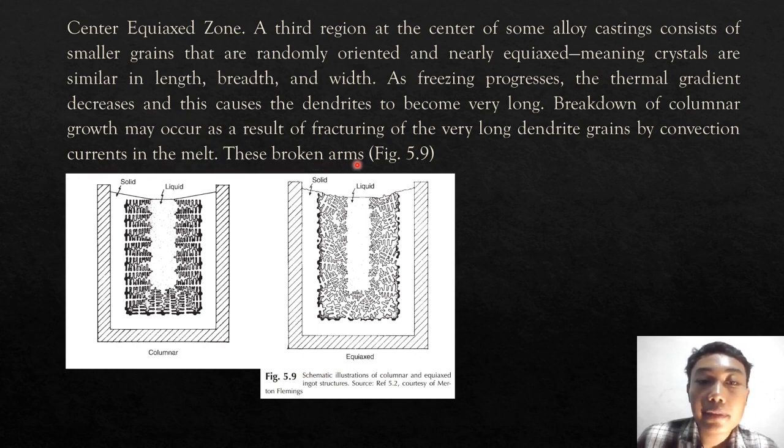There's a broken arm in Figure 5.9. It's Figure 5.9, columnar and equiaxed. Picture 5.9: schematic illustration of columnar and equiaxed ingot structure. Source reference 5.2. Go to next.